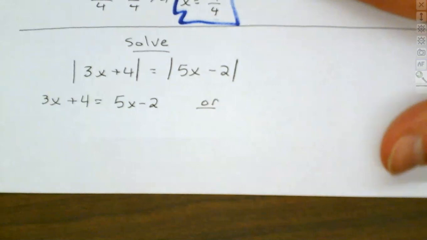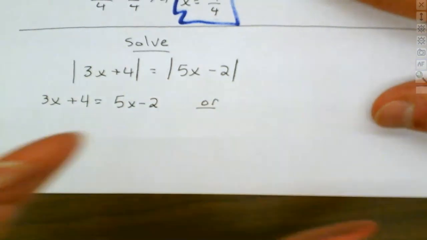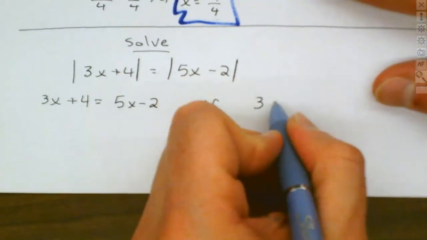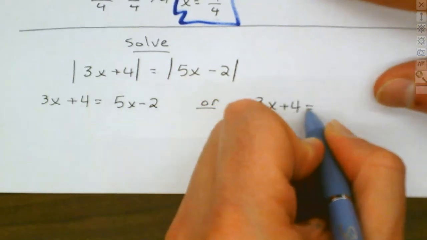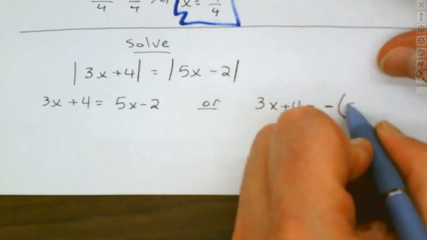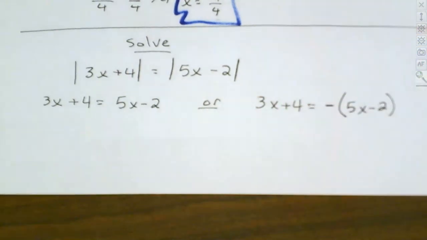What about the other one? Well, the other one, I make the right-hand side negative. So the other one is going to be 3x plus 4 equals, you put a negative in front, parentheses, 5x minus 2. You have to put the negative in front because it has to be distributed through. So let's go ahead now, solve this out.